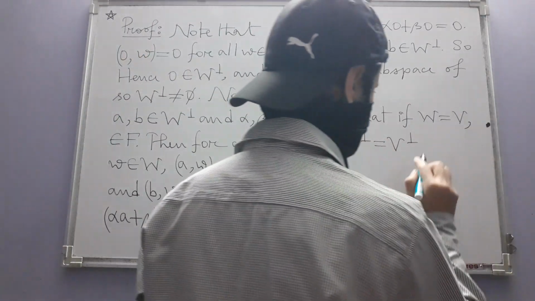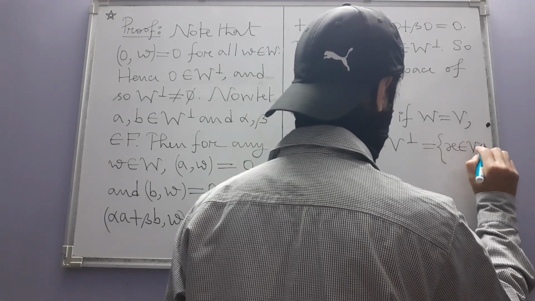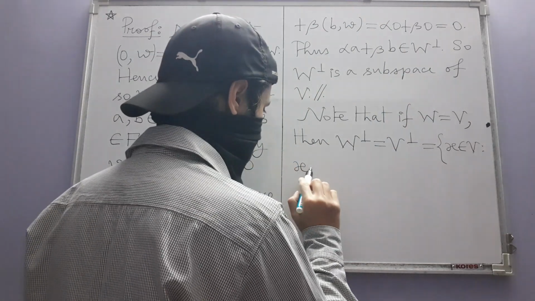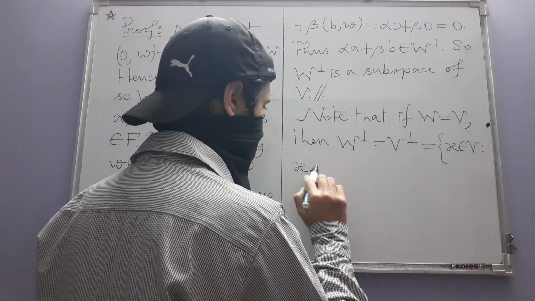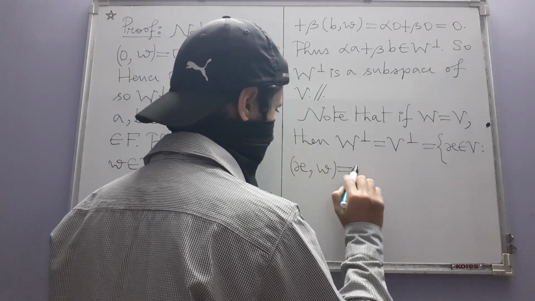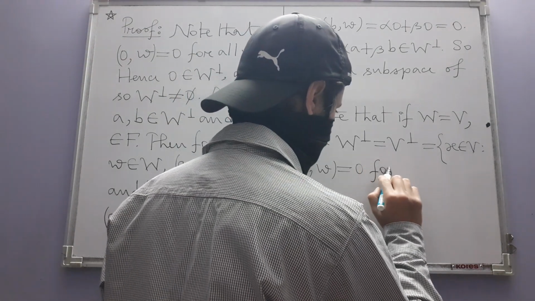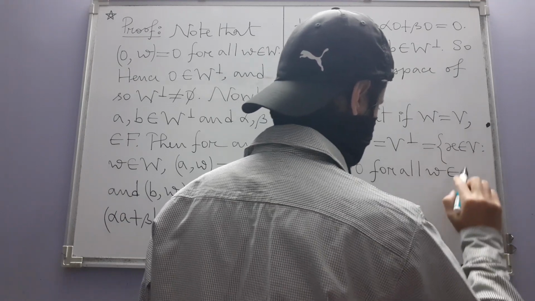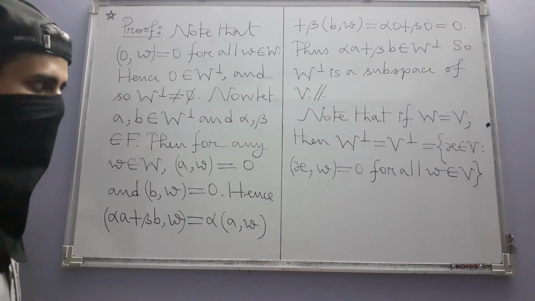Now if we just simply use the definition, it will be the set of all vectors x in V such that x is orthogonal to w for all w belonging to V, because now the subspace is V.